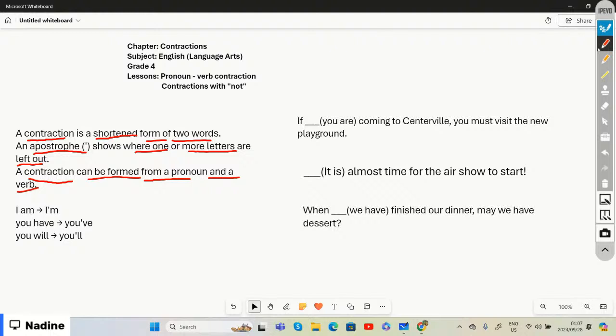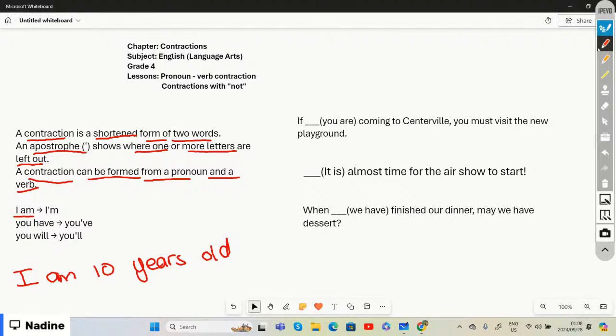For example, if you say I am, like for example, what is this grade 4? I am 10 years old. So I am, right? I am 10 years old.